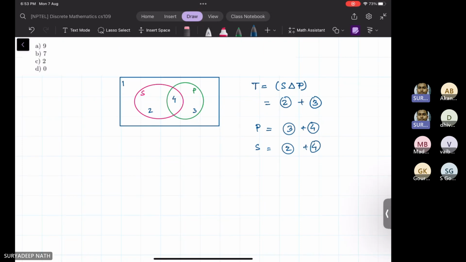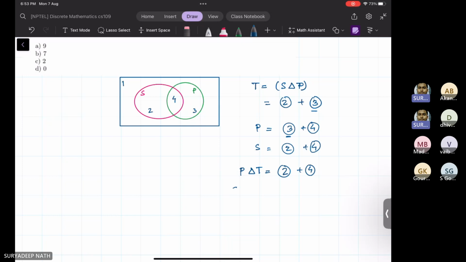Now P symmetric difference with T is basically all the elements of P and T that are either exclusively in T or exclusively in P but not in both. So we basically take the union and subtract the intersection part. The intersection part between P and T is this region 3. So we take the union, so it's 2 plus 4. So we remove the intersection region while taking the symmetric difference.